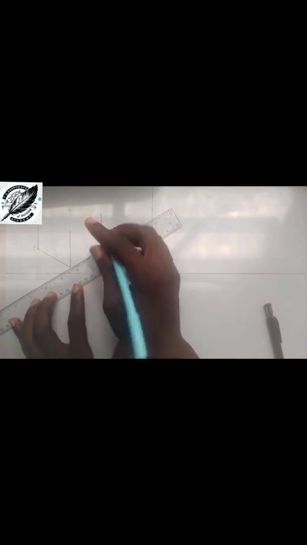I thicken this side, and I come to this side. I thicken this side, and I place it on the line here. Thicken this side, and I come to this place. Thicken this side. Come here. Thicken this side. That's how you thicken every necessary part.